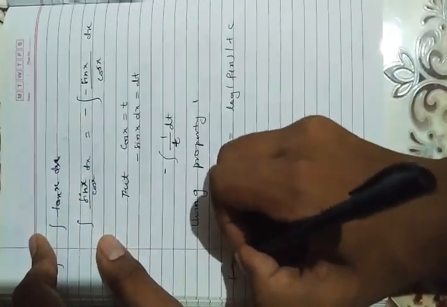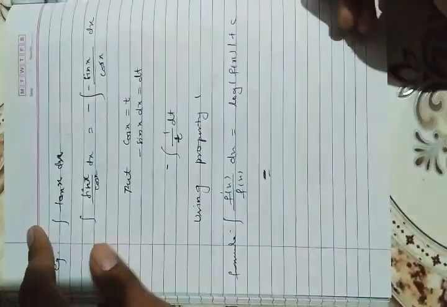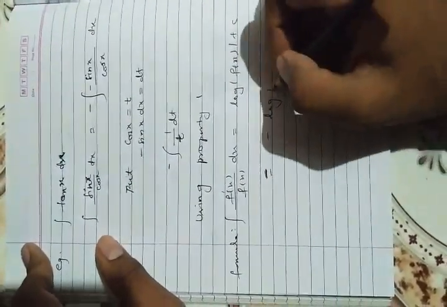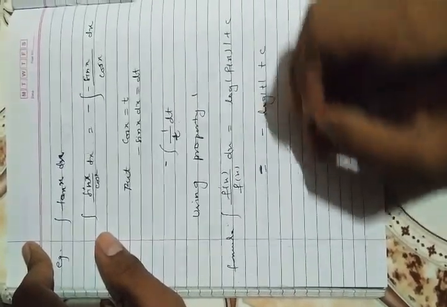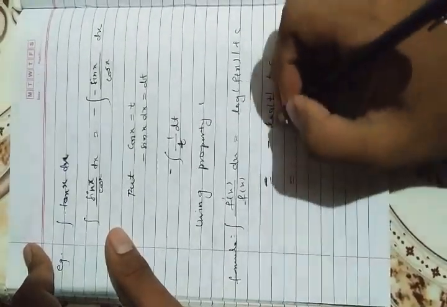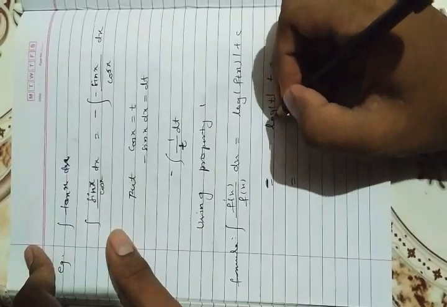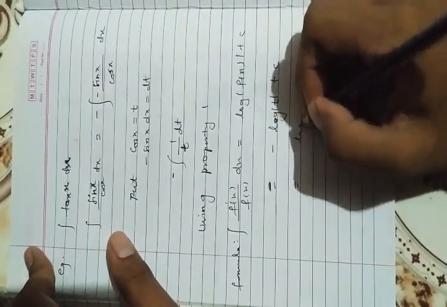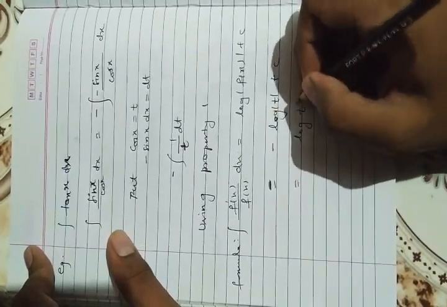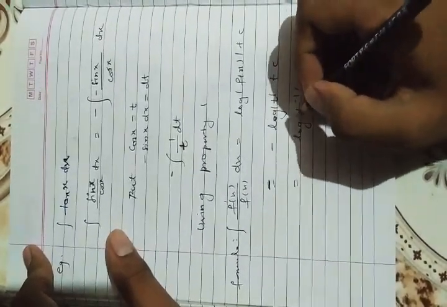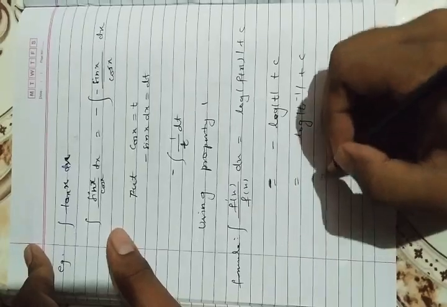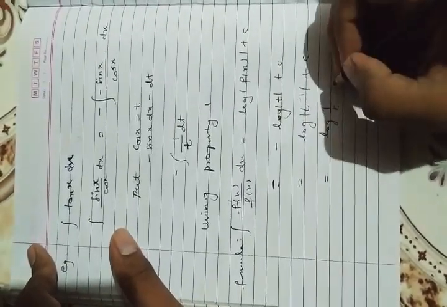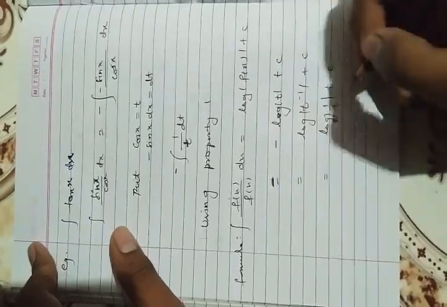This is a formula, and we will get minus log of t. And can I write minus as a power? We know the log property. We will get log of 1 by t plus c.